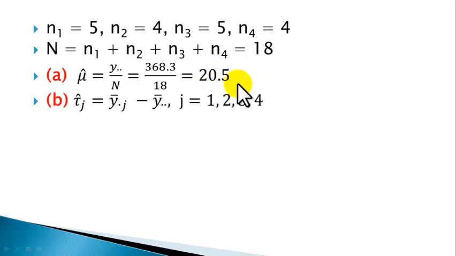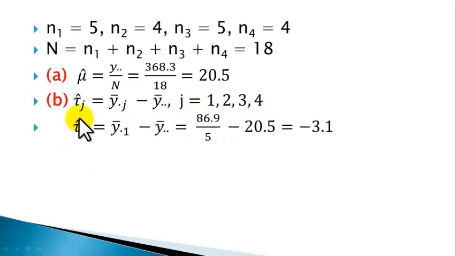B, the estimate of tau j, we recall, is given by y bar dot j minus y bar dot dot for j equals 1, 2, 3, and 4. Let us begin with the first treatment. For j equals 1, we have tau hat 1 is equal to y bar dot 1 minus y bar dot dot.